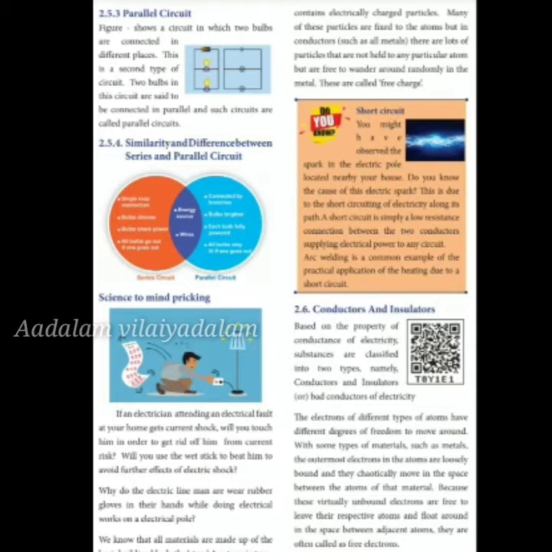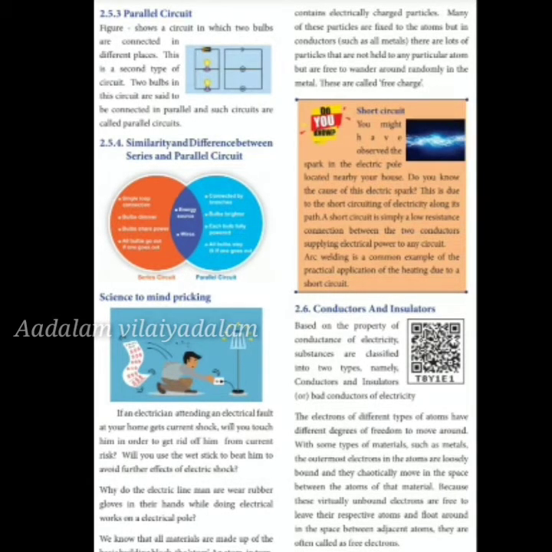Here you will see about conductors and insulators, and how they conduct electricity based on that property. These substances are classified into two types: conductors and insulators, which are bad conductors of electricity. Now, the electrons of different types of atoms have different degrees of freedom to move around.